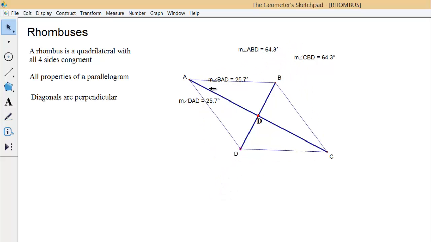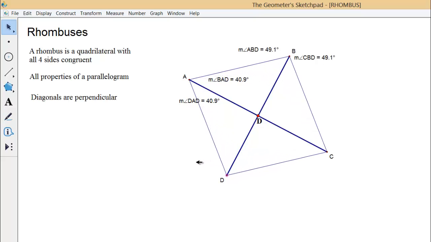And we can see that this angle, this little one, is 25.7, and this little one is 25.7, and then this little one is 64.3, and this little one is 64.3. So the vertex angles of a rhombus are bisected.